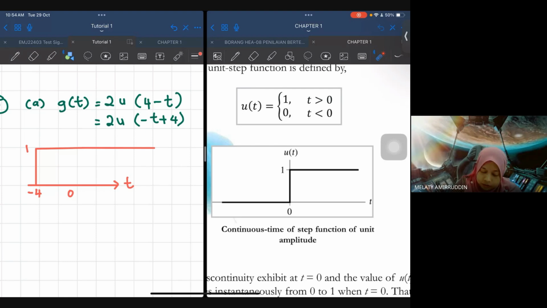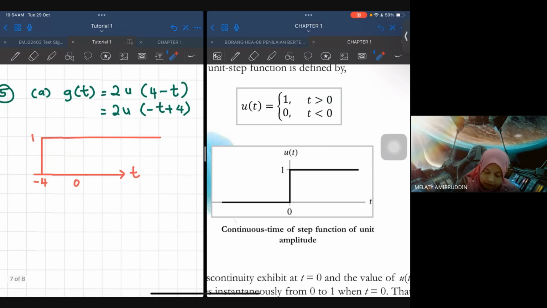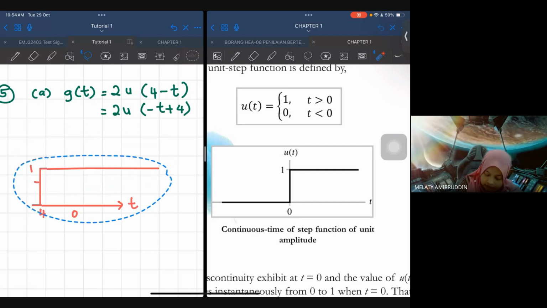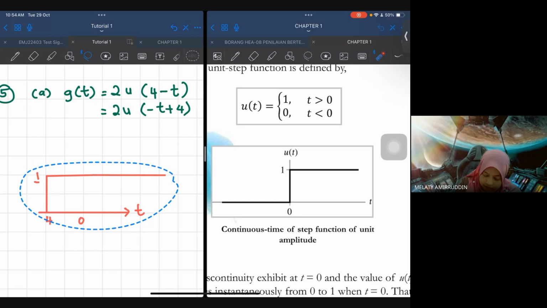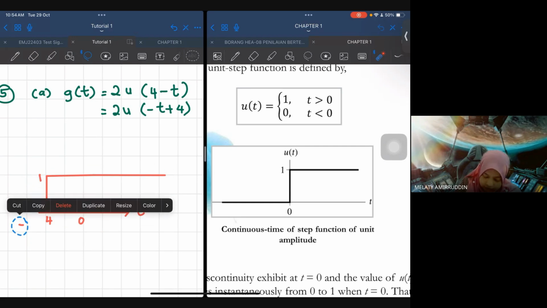And then you need to do scaling, or reflection. We can call it reflection. -T. So reflection, it reflects back.